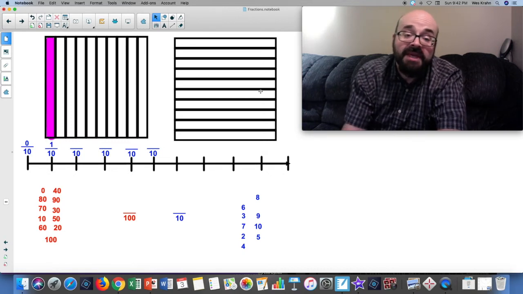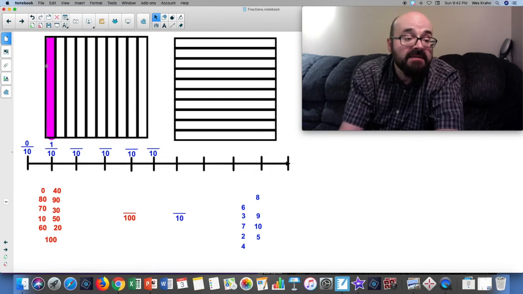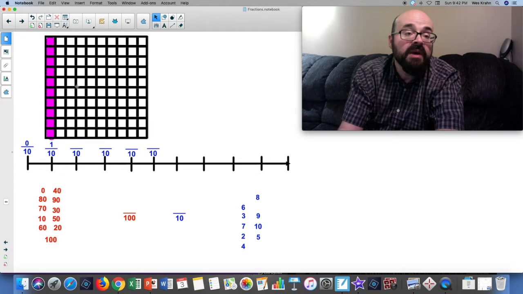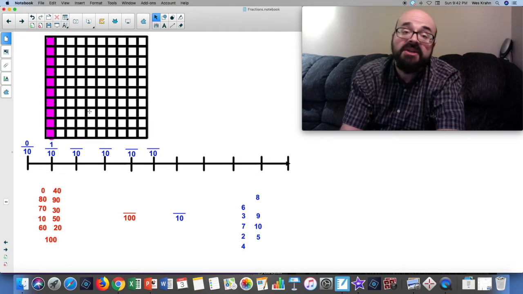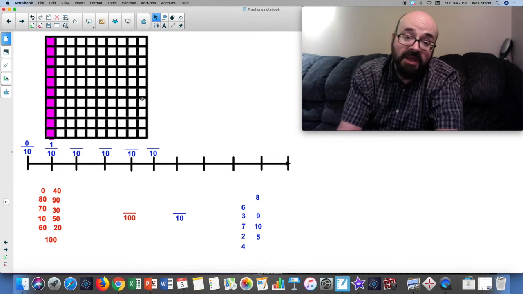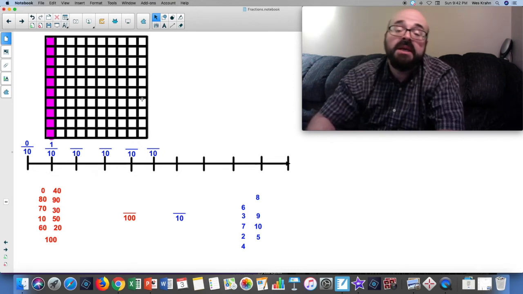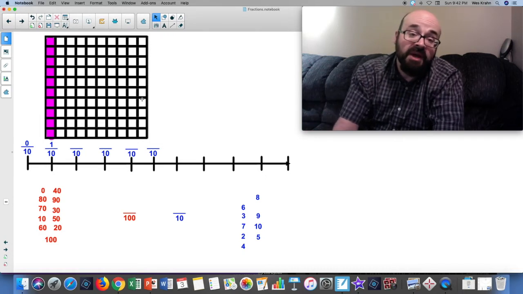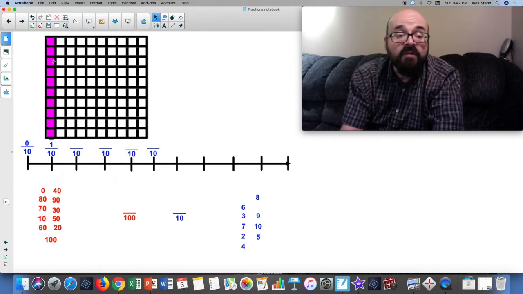And the cool thing is, if I break that 1/10 up into 10 more pieces, I will now be dealing with hundredths, because this is still a whole piece. And the denominator, the bottom number in a fraction, just tells us how many equal shares there are going to be. And there's going to be 100 in total, but out of 1/10, how many do you think are going to be hundredths?